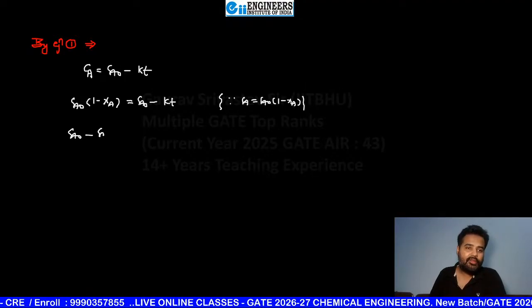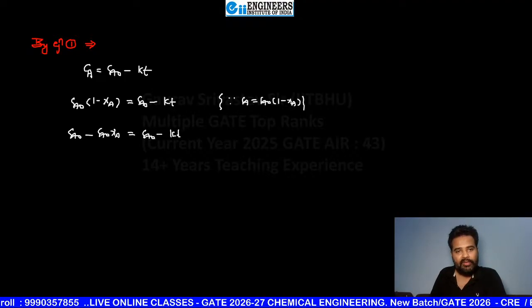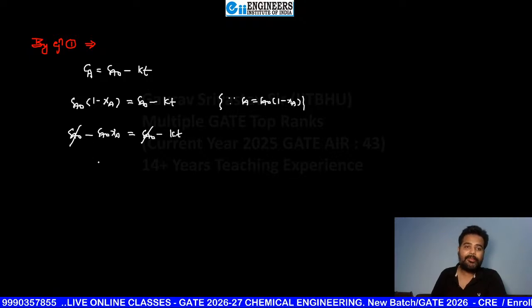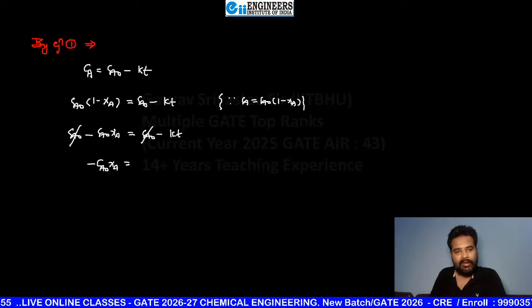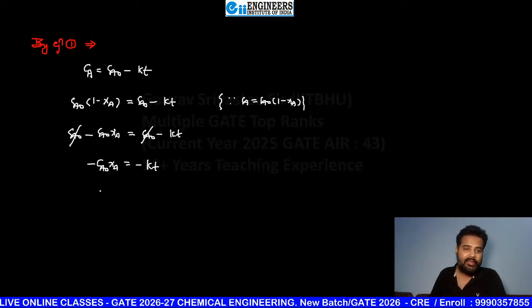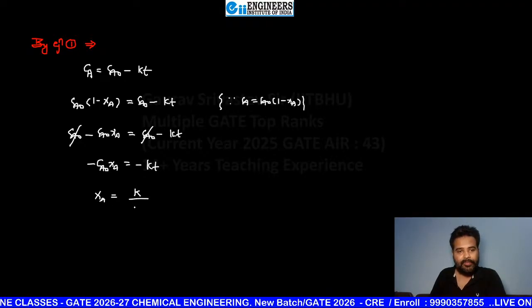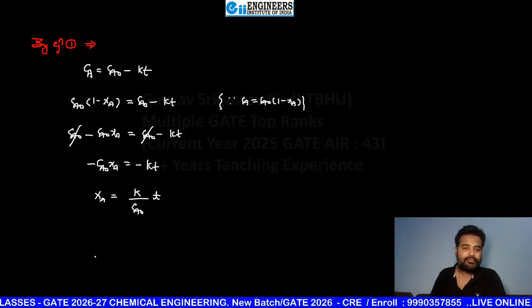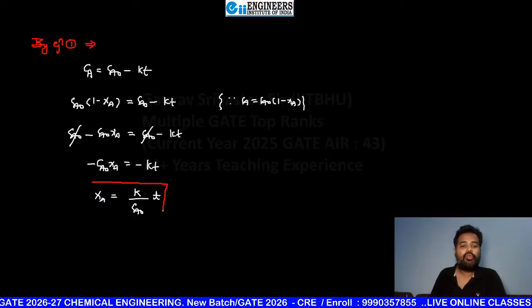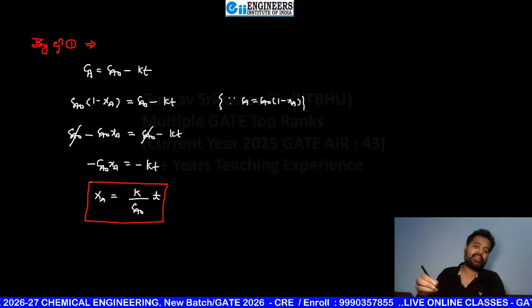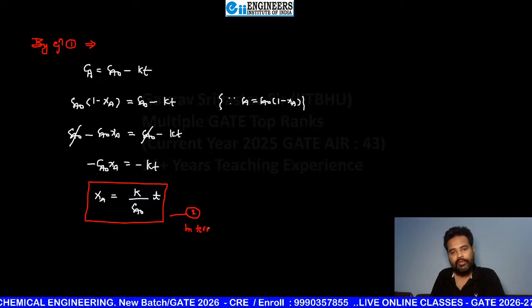So CA naught minus CA naught XA equals CA naught minus KT. CA naught cancelled. So here you can write minus CA naught XA equals minus KT. Minus minus cancelled. So you can write further XA is equal to K by CA naught into T. Equation number 2. This you have got in terms of conversion.